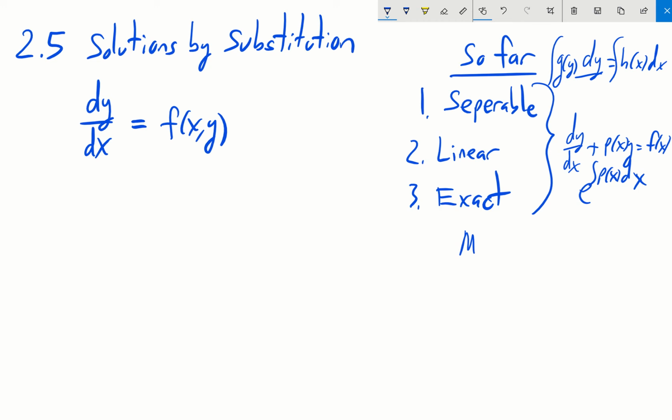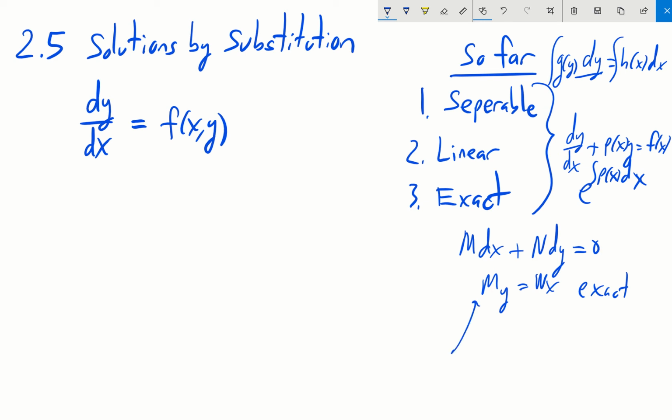If it's written as m dx plus n dy equals 0, and we have the partial of m with respect to y equal to the partial of n with respect to x, then we have exactness, and we can solve it by integrating some partial derivatives and then differentiating to find the constant of integration function.